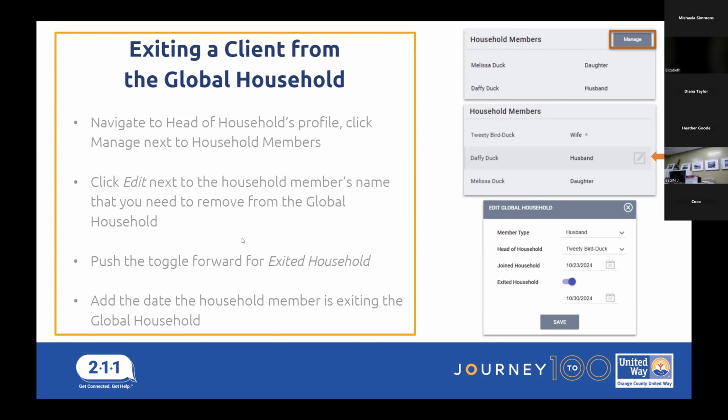Then fill out the fields in the Edit Household pop-up box as seen on the screen. The member type, head of household, and joined household date should auto-populate for you. Be sure to toggle the exited household and insert the date on which the client was exited, which in this case, we will use today's date, October 30th.